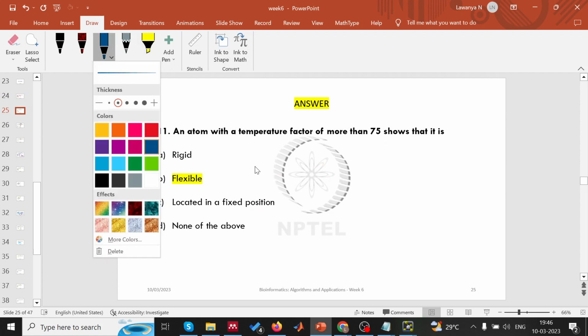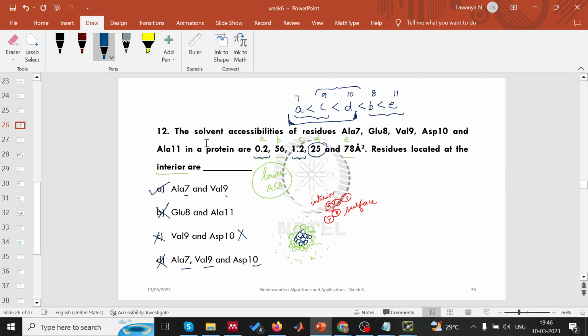And question 12, the solvent accessibilities of residues. Here what we had was, you're having five residues, and they have given you the accessible surface area, ASA, of these five residues.